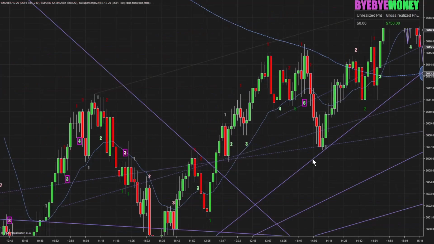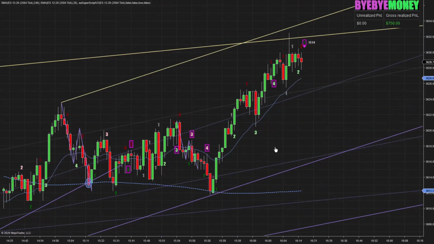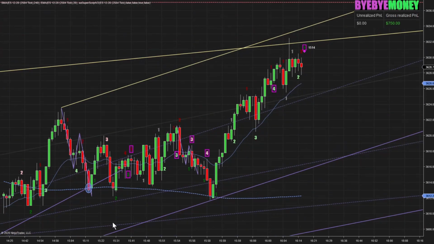On my chart, I have a couple indicators. I have 3 indicators. I have the 20 EMA, I have the 240 SMA, the dashed line here, and I also have this custom indicator that counts legs, identifies two-legged pullbacks, and also traps. The magenta boxes are traps, and dark red, dark green numbers are two-legged pullbacks.